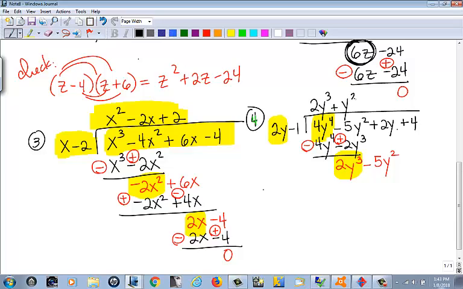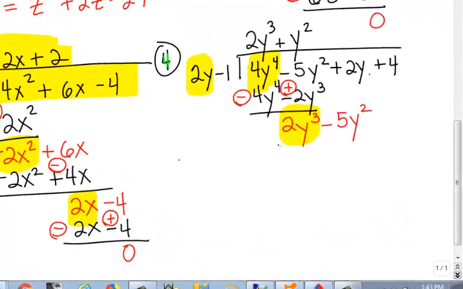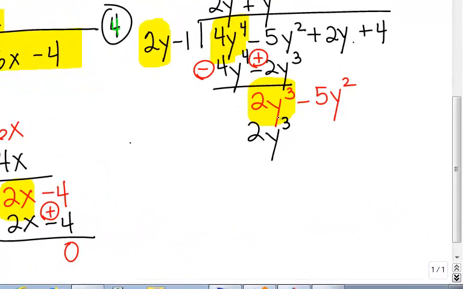Now multiply. Y squared times 2y, 2y cubed. Y squared times a negative 1, negative y squared, right? Change the signs on the bottom row. See, now they line up, don't they? So you just bring them down in descending order. Okay, so now we've got what?